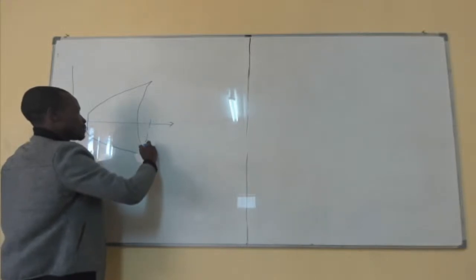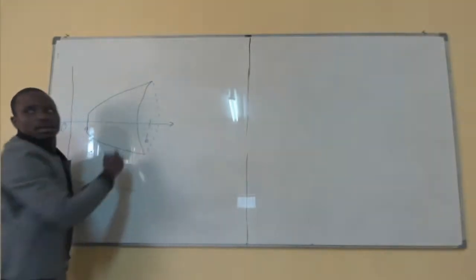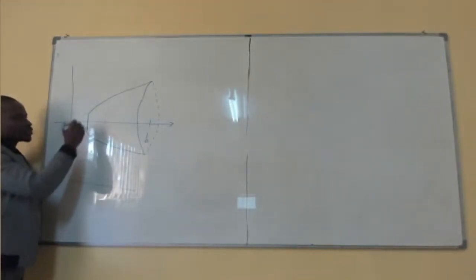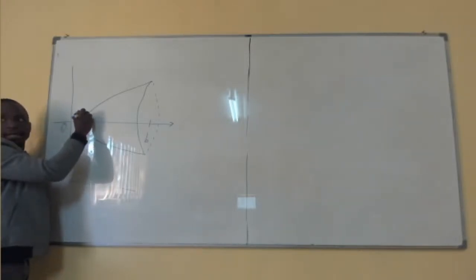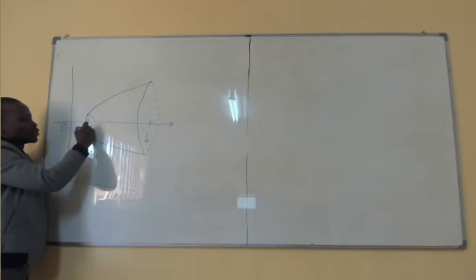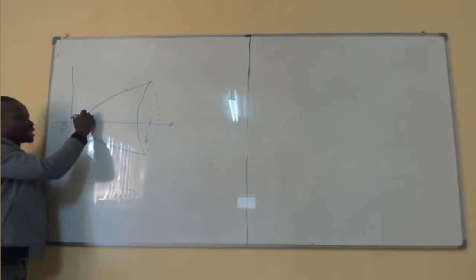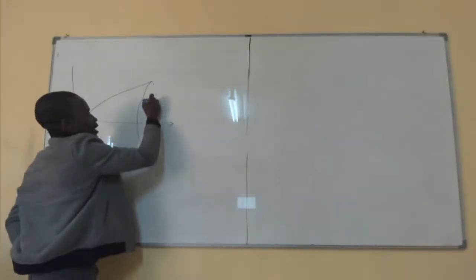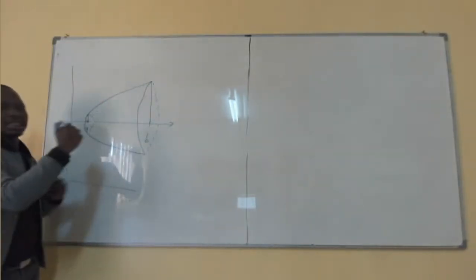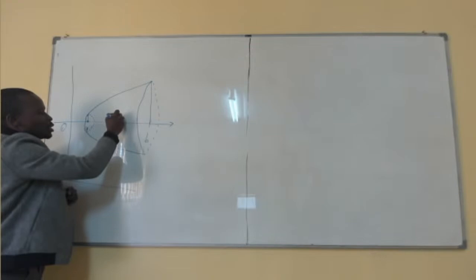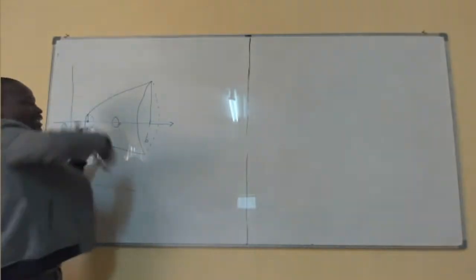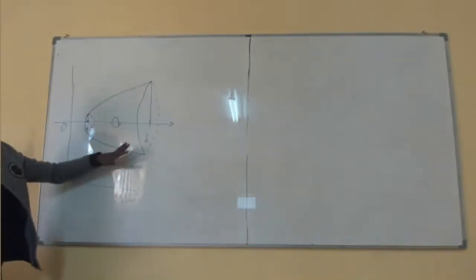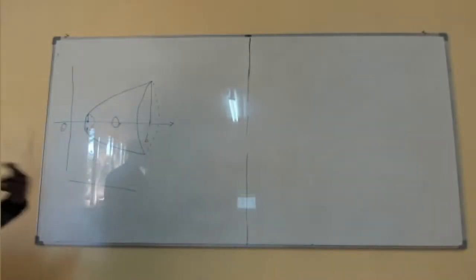We call that a solid of revolution. So we have this point A, we have that radius, and then we also have the distance from there up to there. When you rotate it 360 degrees, what you see is something solid like this one. You're not going to see a simple wire.